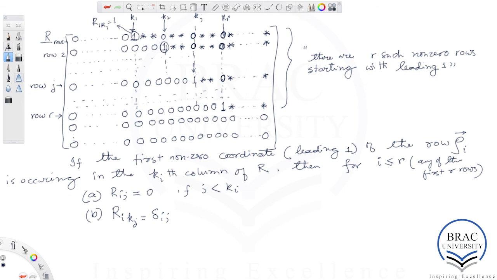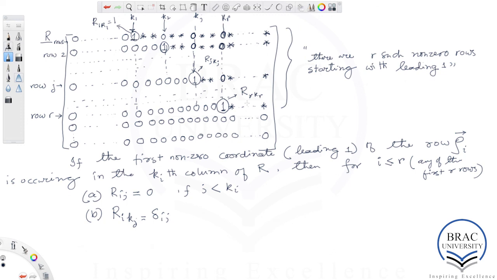Similarly, this entry is Rj Kj, which is also equal to 1. This entry is Rr Kr, which is also 1 because these r and this r are the same.